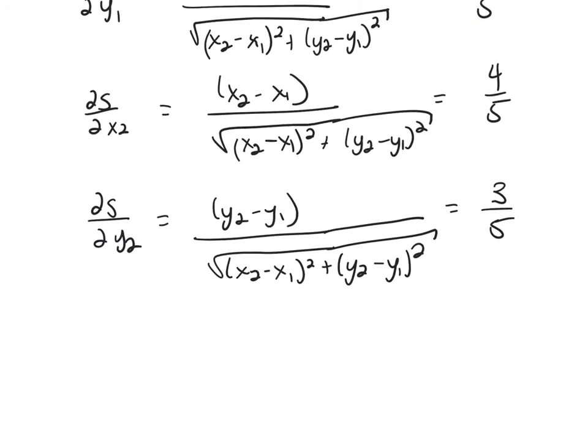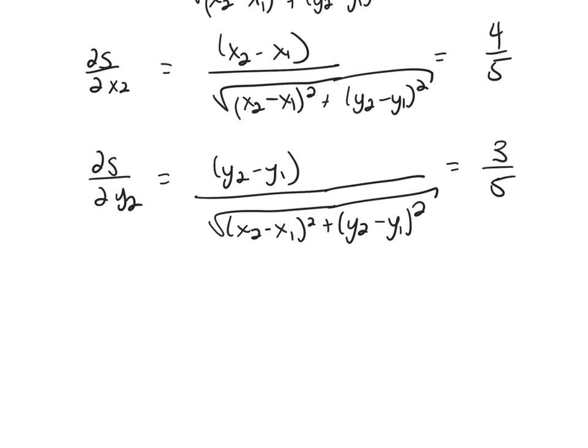So you've got your partial derivatives. Now you need the following derivatives, dx1 dt. x1 is 4 cosine t, so the derivative would be -4 sine t, and plugging in t equals pi, you'll get 0.